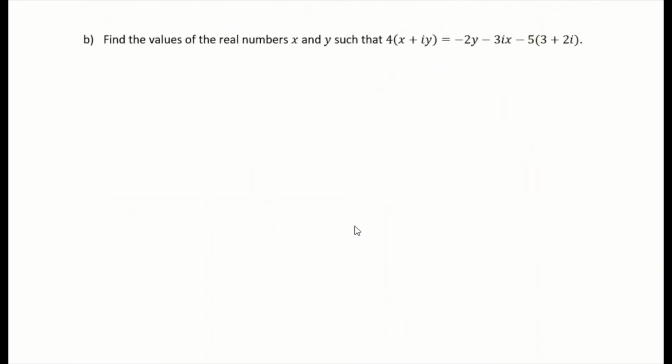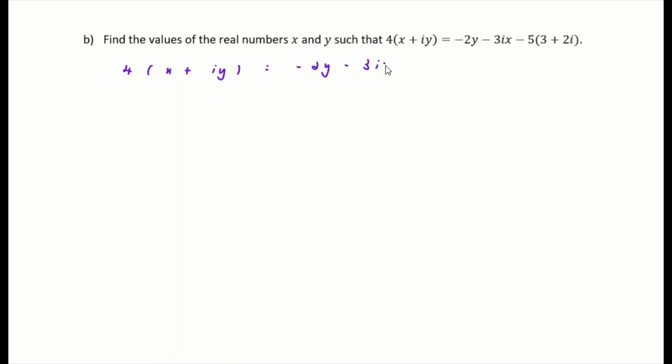Find the values of the real numbers x and y such that the left hand side is equal to the right hand side. When we compare, it's the same thing: the real part and the real part must be equal to each other, and the imaginary part and the imaginary part must be the same as each other. Let's copy the question first.